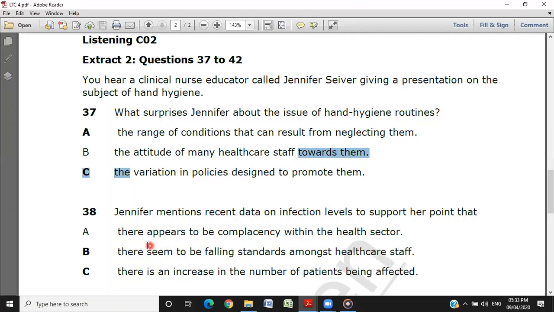So the point she was trying to make is complacency within the health sector. Forgetfulness and human neglect may also drag us towards falling standards among healthcare staff. But then she went beyond it. She said that even though we have so many infections, it doesn't set any alarm bell. That means the healthcare sector is still not paying attention to this in spite of having so many infections, right?